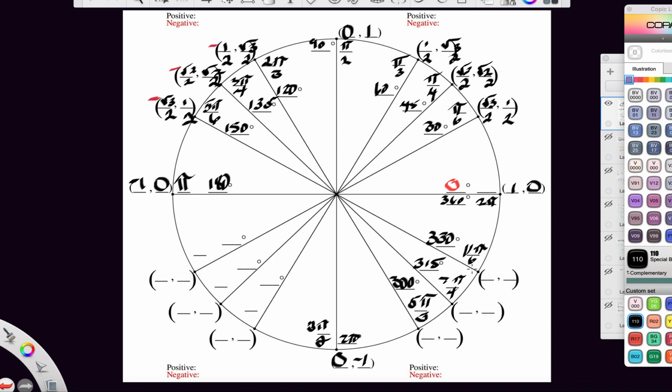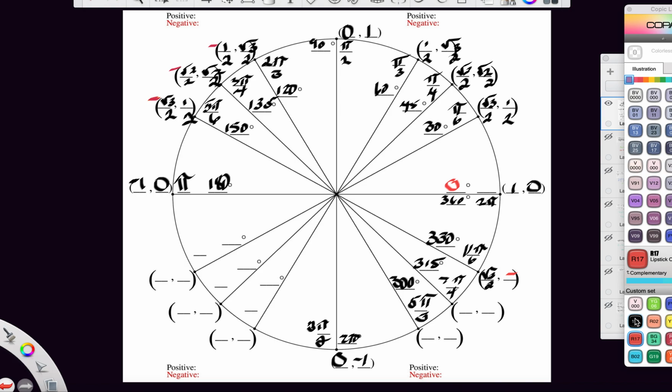I forgot the coordinate pairs, didn't I? Here we go. 30 degrees or 330 degrees. The x value is positive, which is 3 pi over 2. The y values are negative, so I'm going to stick them on the outside so I have some room.